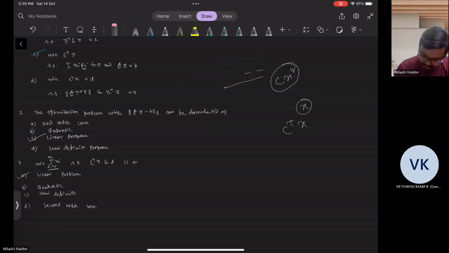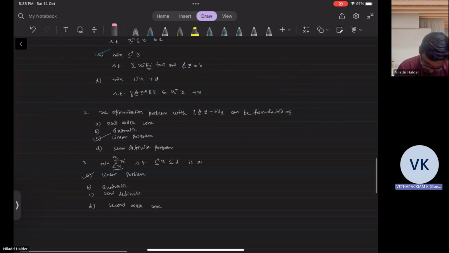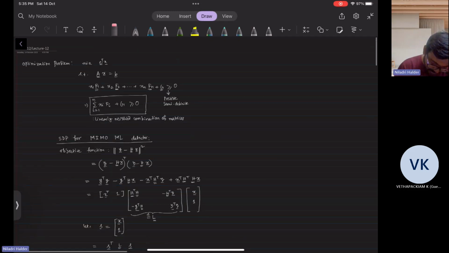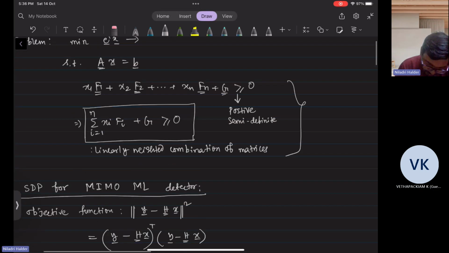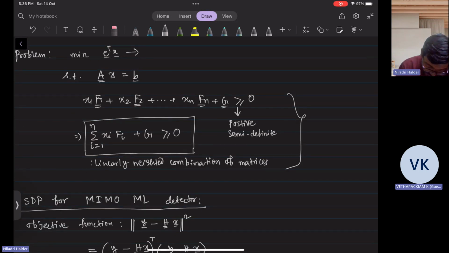Okay, sir. What about SDP, semi-definite program, sir? In a semi-definite program, the objective function can be anything. That can be linear. For the semi-definite program problem, you just see the constraints. In the constraint you see some matrix should be positive semi-definite, which is the name hidden in the program also.